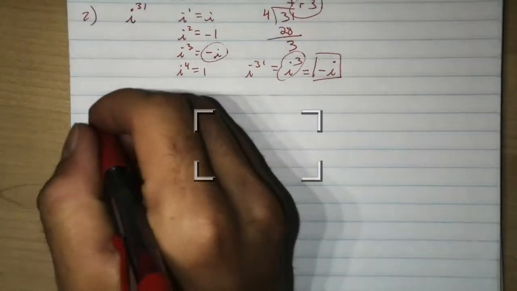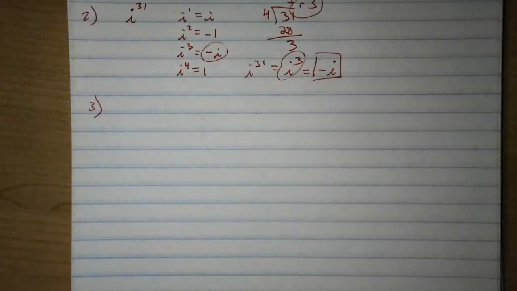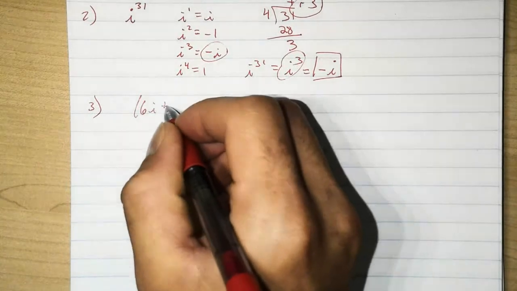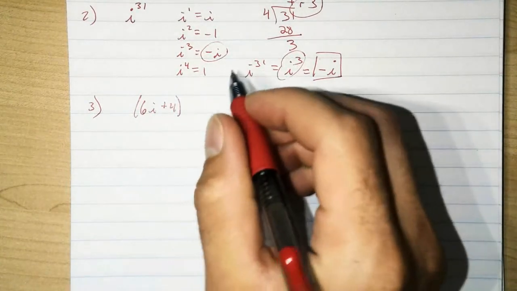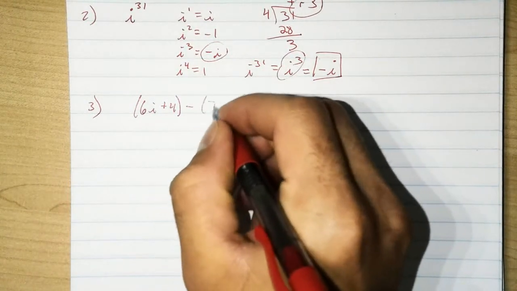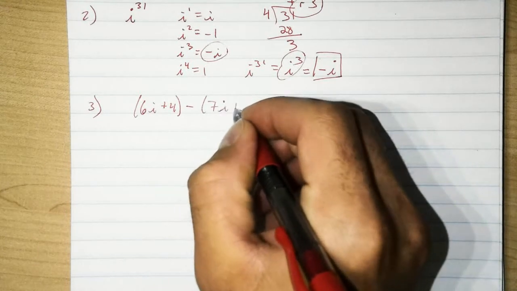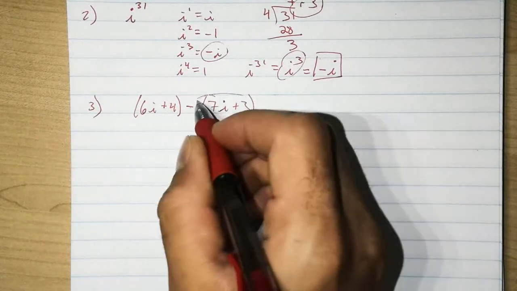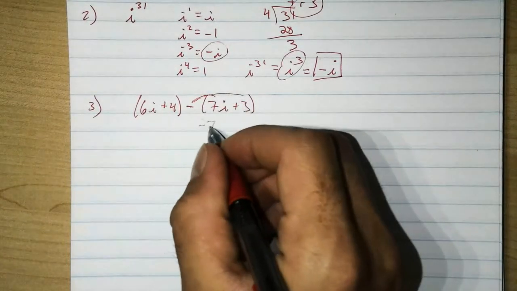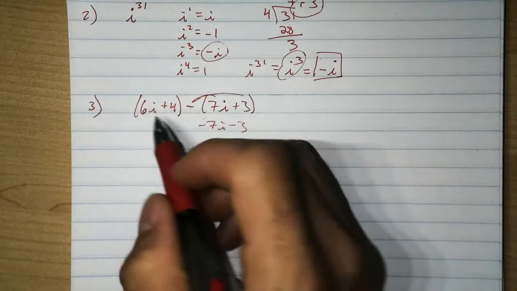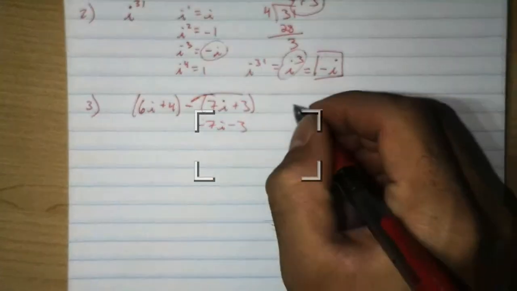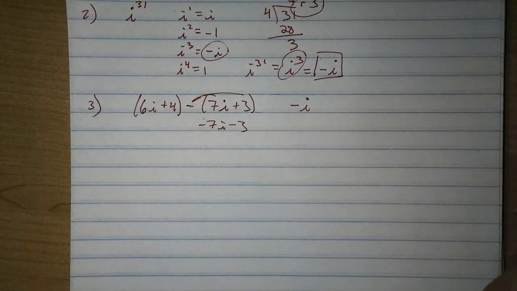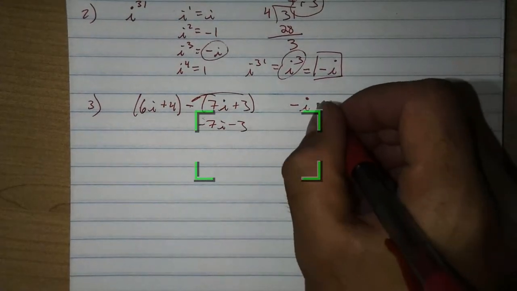Alright, number 3. Simplify. This is just combining like terms. This tells me to change the signs here and here. This is negative 7i minus 3. 6 minus 7 is negative 1, so negative i. 4 minus 3 is 1, plus 1.